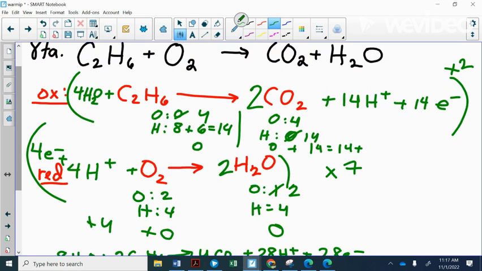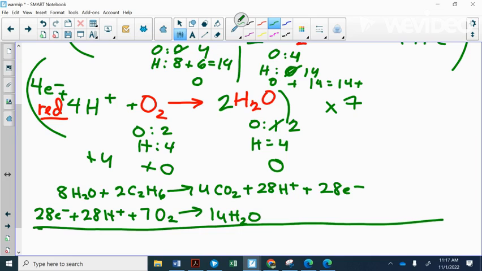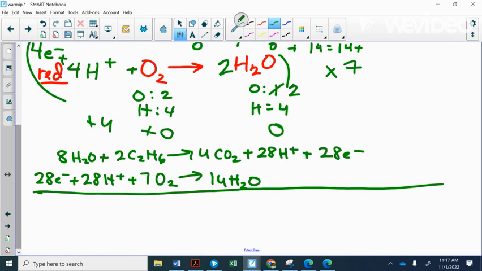I was just rewriting the top reaction. Multiplying it by 2. Now I need to multiply this reaction by 7. 28 electrons plus 28 H pluses plus 7 oxygens goes to make 14 waters. Now I can put them back together.